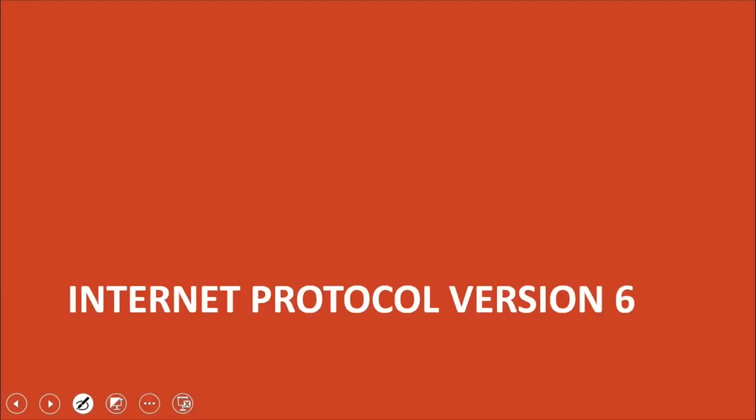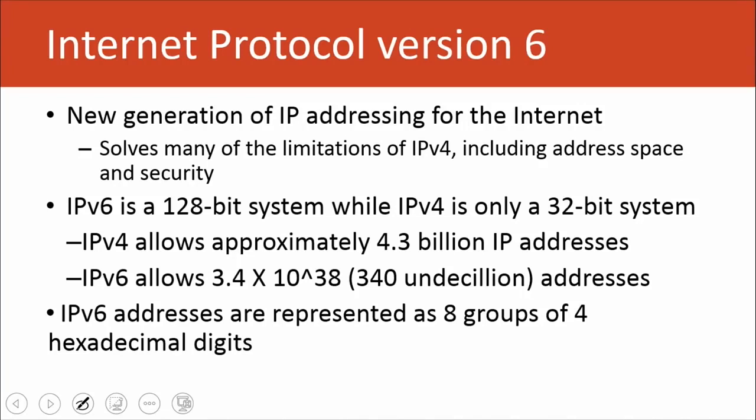All right, on to IPv6, Internet Protocol version 6. This is the wave of the future, and actually it may even be the wave of now for some folks. Not everybody's implementing IPv6 yet, but it will happen very, very soon. Internet Protocol version 6 is just a new generation of IP addressing. It solves a lot of the limitations of IPv4.